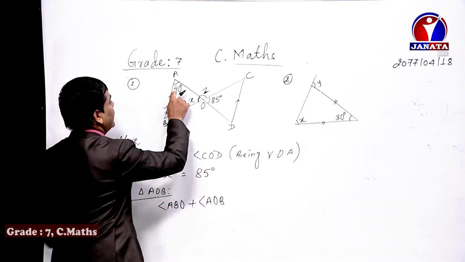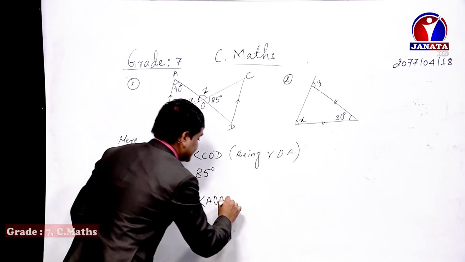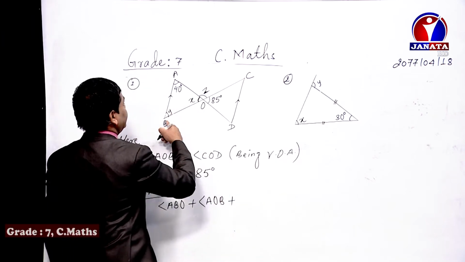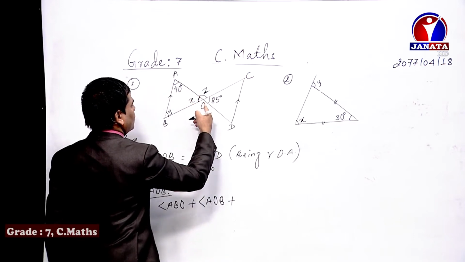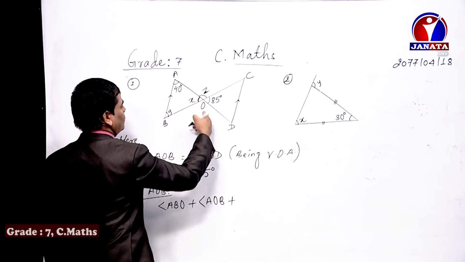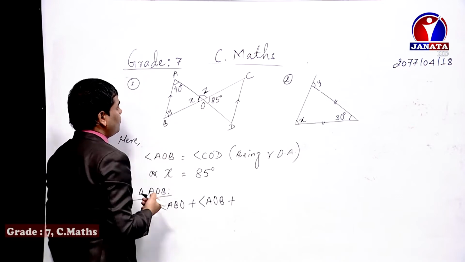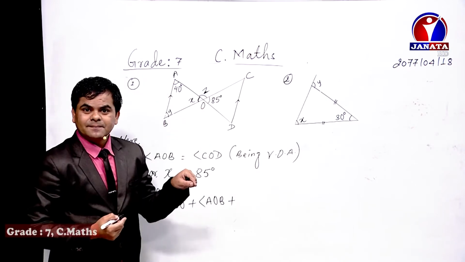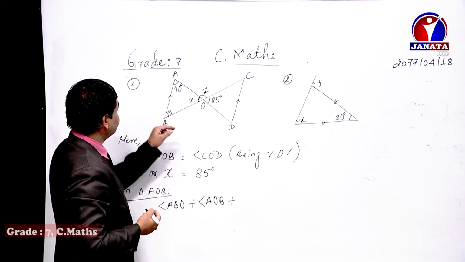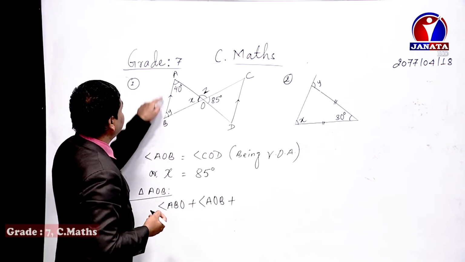Now if you have to write this angle in 3-letter form, then BAO or OAB. But among them, OAB would be a little bit alphabetically incorrect. That's why it is better to write angle BAO.